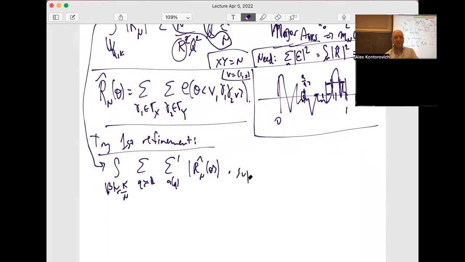I'll pull out the supremum that we already established as a separate parameter. Okay, so it would be squared, but I'm pulling out an L infinity. And then getting a first refinement is to try to get cancellation in this sum. A second refinement is to try to get a cancellation in both the A and the Q, looking at them together. Yes, I'm going to look at them together and try to get cancellation.